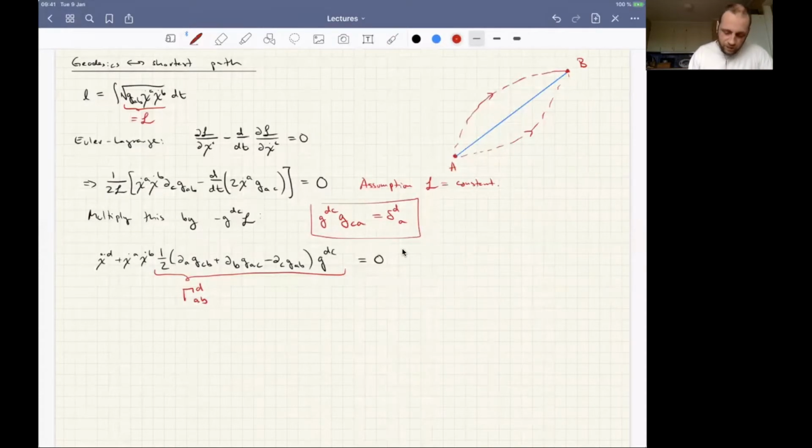So if this is the definition of gamma DAB, then we recover the geodesic equations.